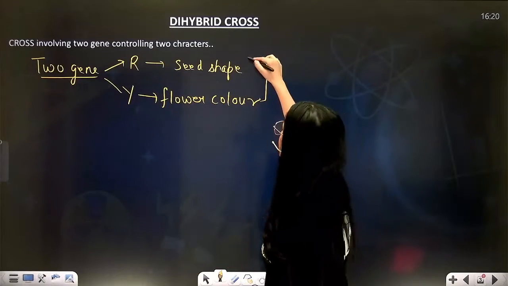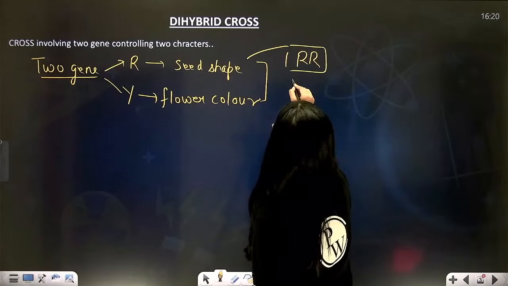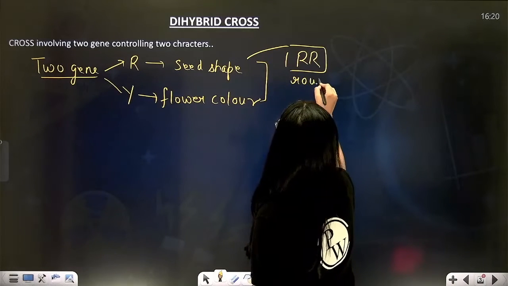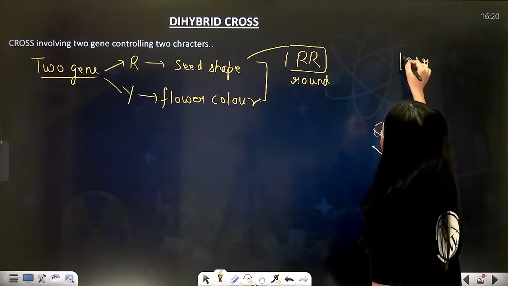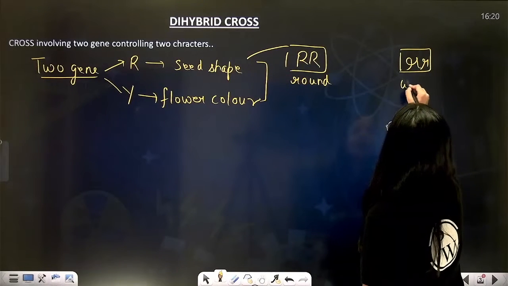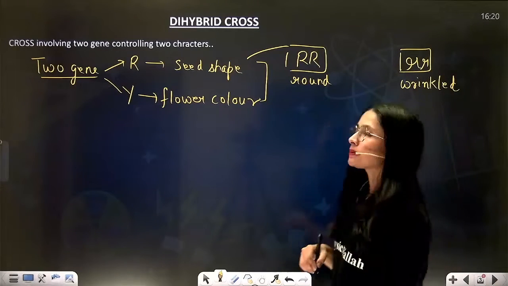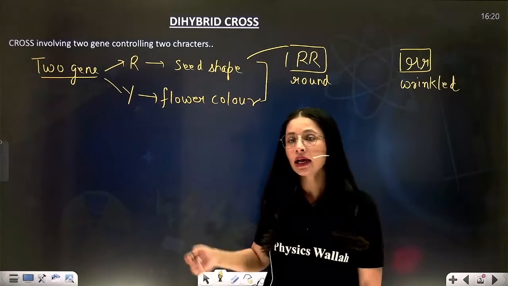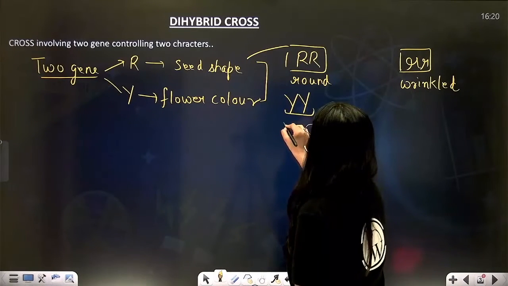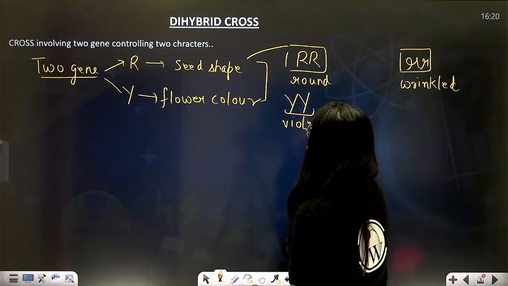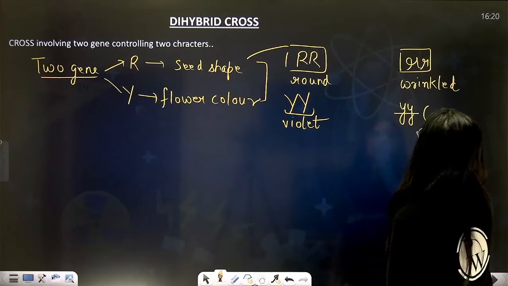So for seed shape, the dominant pure line is this, which has a round seed shape, and this is the recessive pure line for seed shape, having a wrinkled arrangement. If I talk about flower color, then this is the dominant homozygous pure line, where the flower color will appear violet, and here the flower color will appear white.